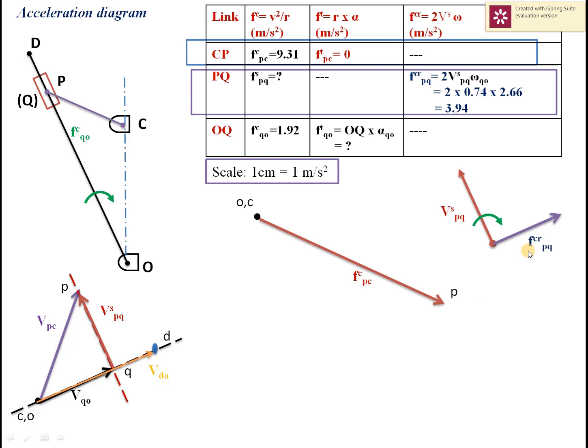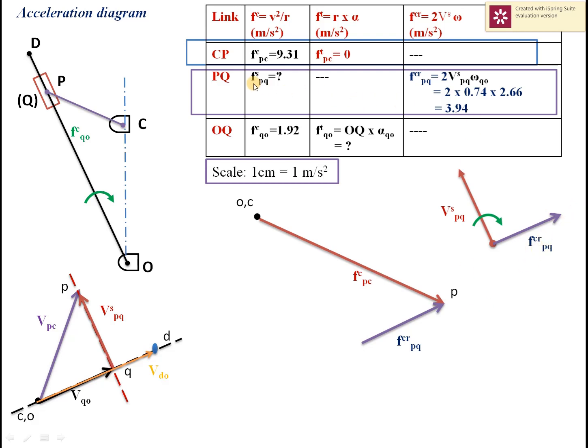So what we will do now, we will end this vector at point P. That is, we will place FCRPQ such that point P lies at its head, because FCRPQ must end at P. So I will draw a line perpendicular to VSPQ in this direction, and the length of that line is equal to 3.94, and the vector will end at point P. The direction is perpendicular to VSPQ towards the right.